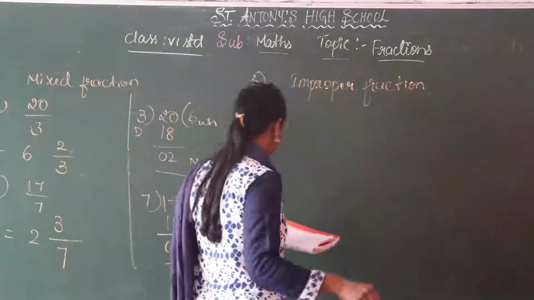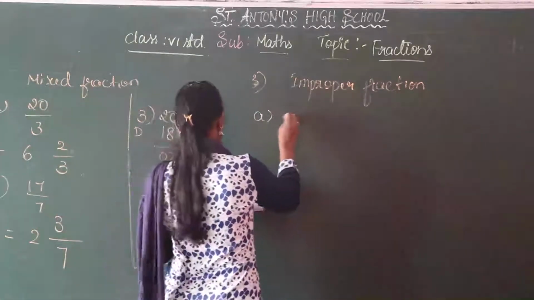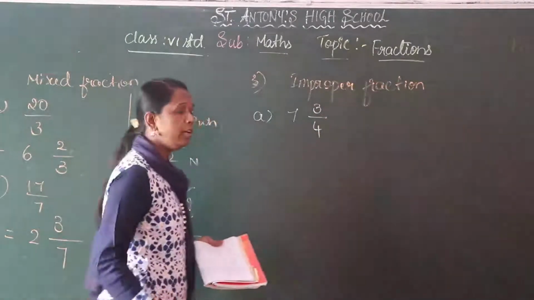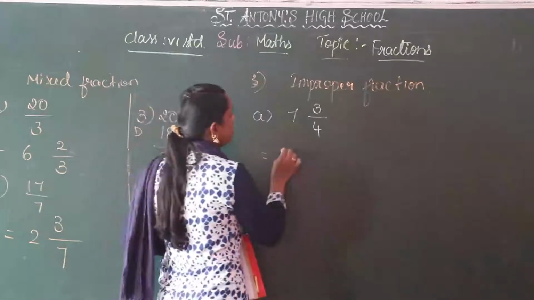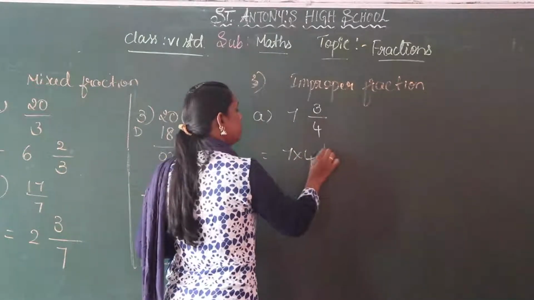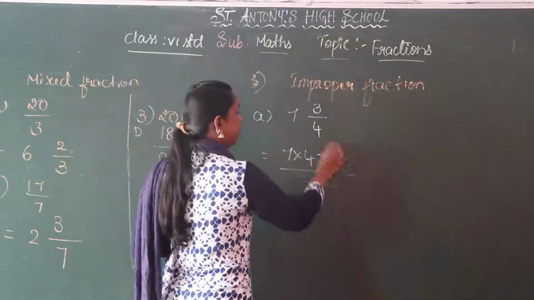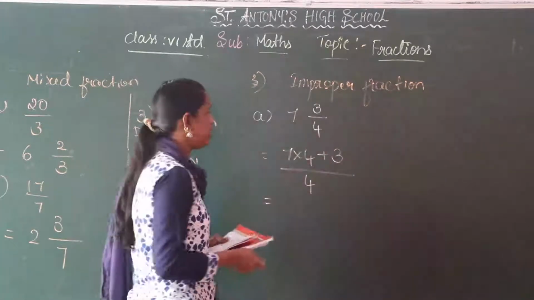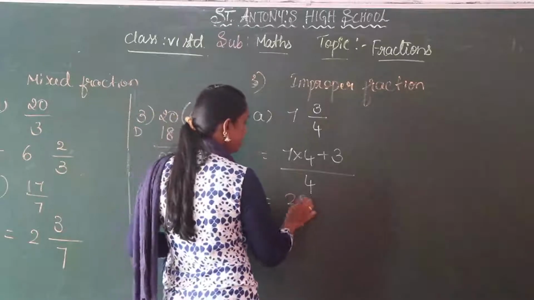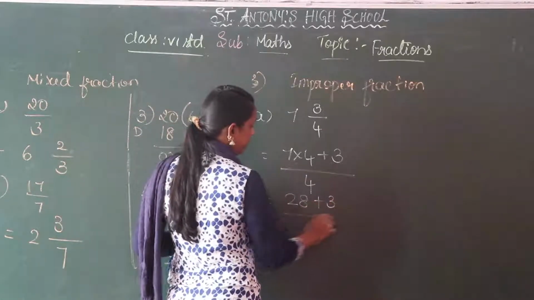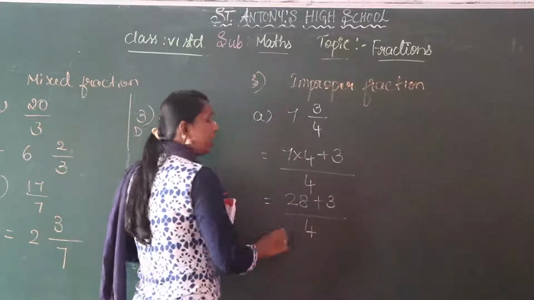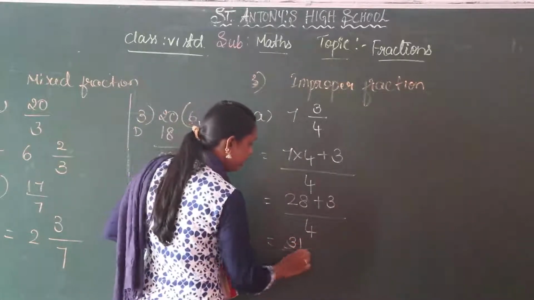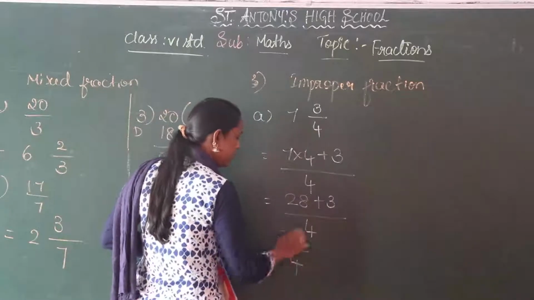First one, you know the children, the formula for conversion of mixed fraction to improper fraction. 7 into 4 plus 3, divided by the denominator 4. 7 4s are how much? 7 4s are 28, plus 3, divided by 4. 28 plus 3 is 31. 31 by 4 is the answer.